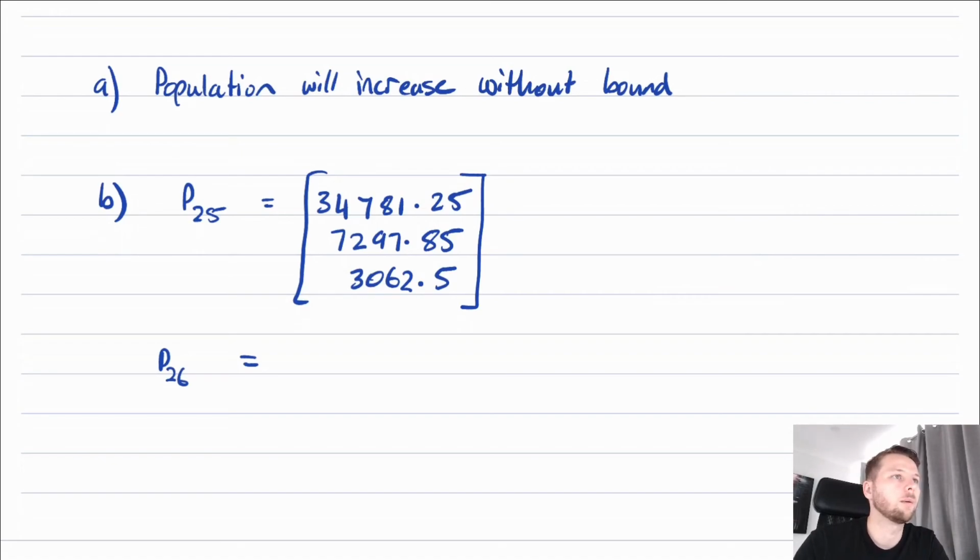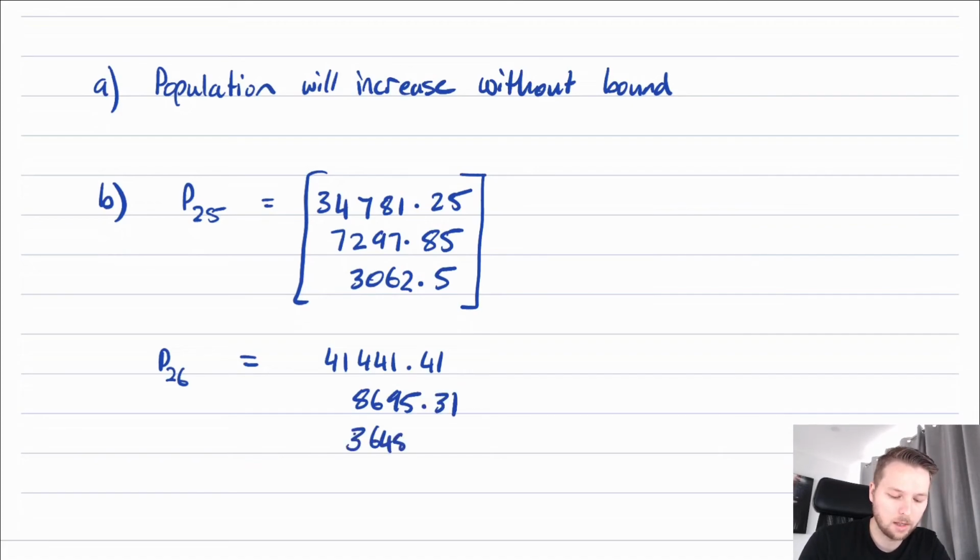So we're just going to go up. I'm just going to change that now to 26. Right, we've got 41,441.41. We'll have 8,695.31 and 3,648.93.